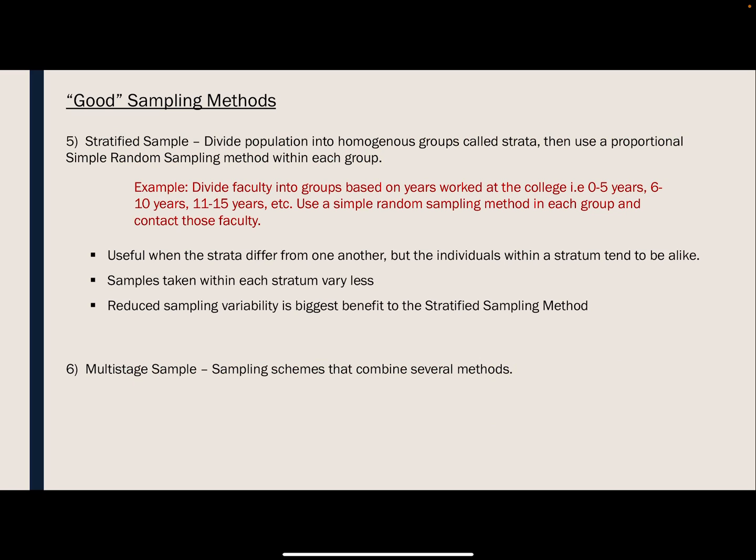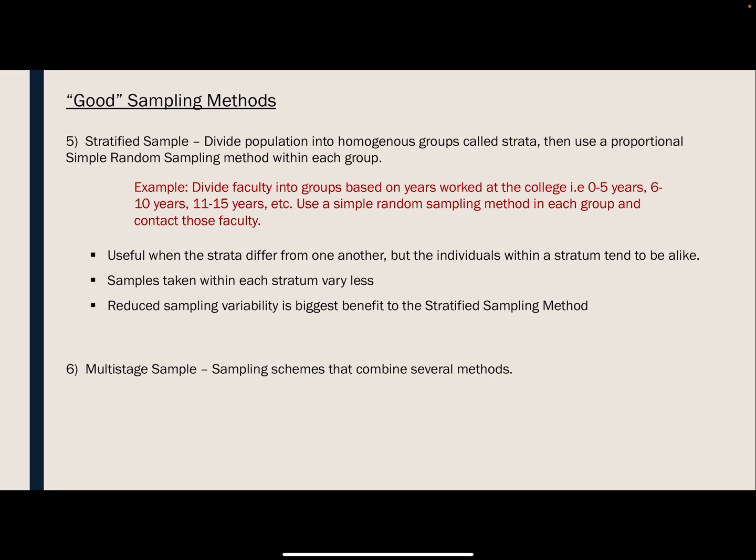So what am I trying to say there? Like if 25% of the faculty has been with the college from 0 to 5 years, then I want to make sure that 25% of my sample came from that group. I'm hoping that makes sense.